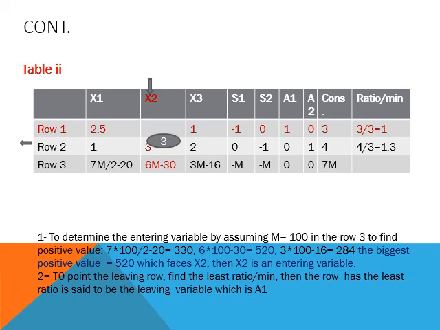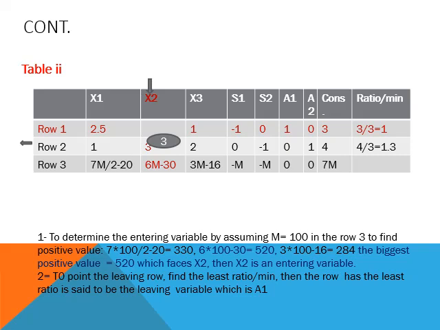So 3 times 100 negative 16 equals 284. So the biggest positive value is 520, which faces x2. Then x2 is the entering variable.